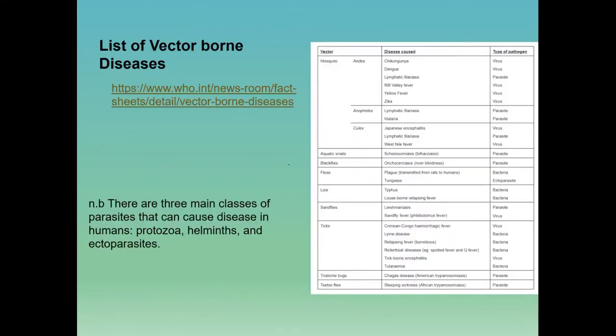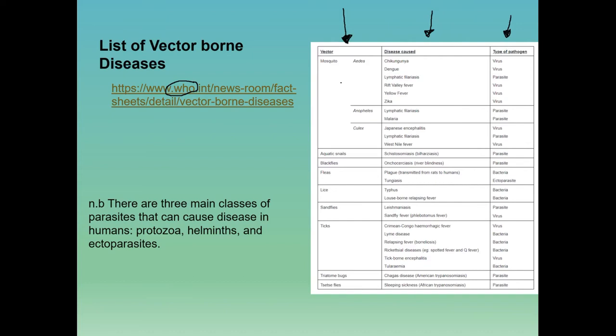So here's a list of vector-borne diseases, which is not an exhaustive list, according to the WHO, the World Health Organization, but you can see the vector down here. That's the type of biting arthropod that's causing the transmission. This is the name of the disease that's caused, and this is the type of pathogen or type of microorganism that causes disease down the right hand side.